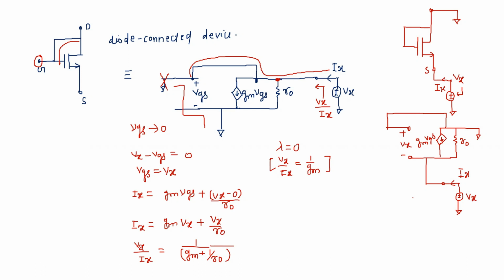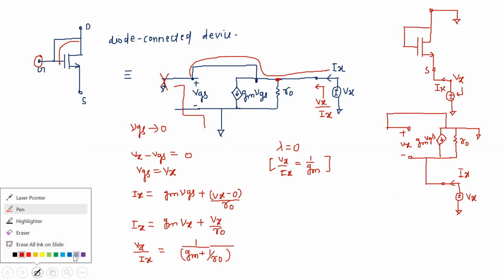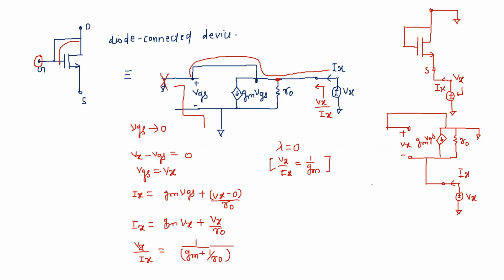If we apply KCL at this node, we will get the expression for Ix: Ix is equal to minus gm VGS plus Vx, that is the source voltage, minus the drain voltage divided by r0.